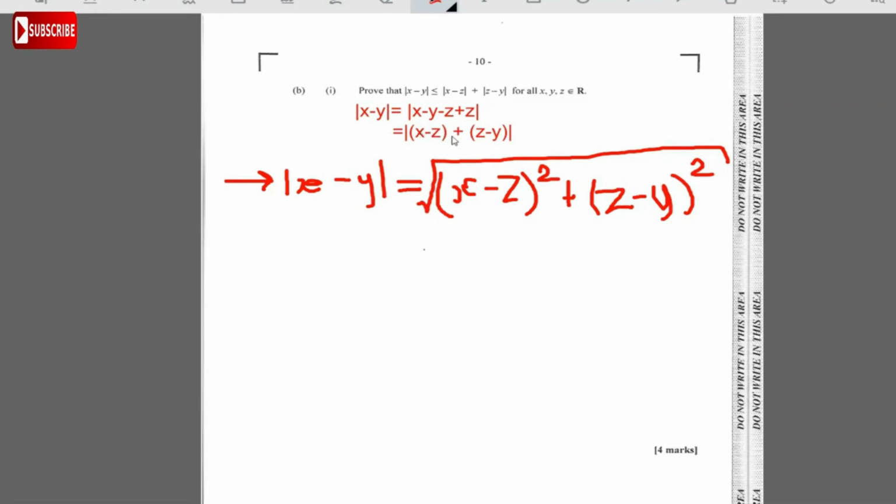All right, so this is now the modulus of x minus y. Now look at this now. The modulus of x minus z would just be x squared plus z squared square rooted. And this part, let's just work it out.